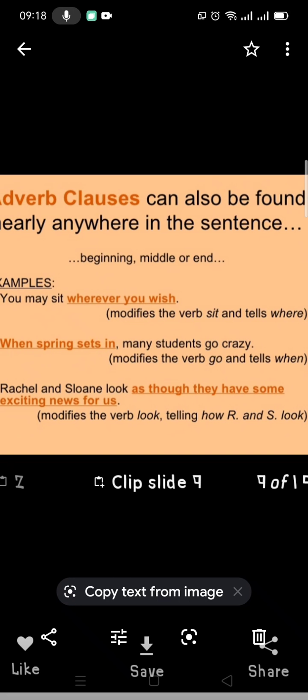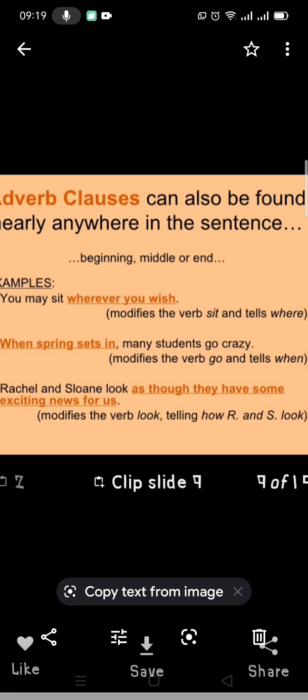Next is: when spring sets in, many students go crazy. Here, when spring sets in is also an adverb clause because it is answering the question when and it is modifying the verb go. It is called an adverb clause because it also starts with a subordinate conjunction.